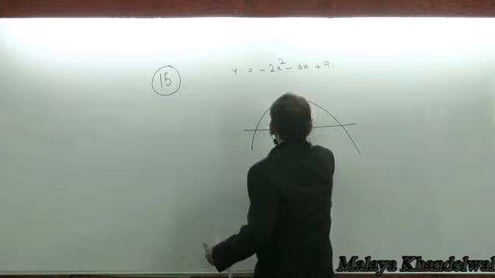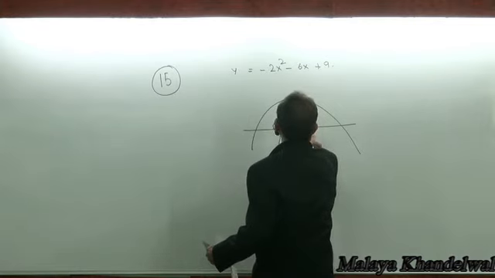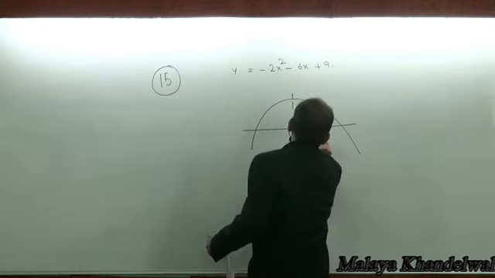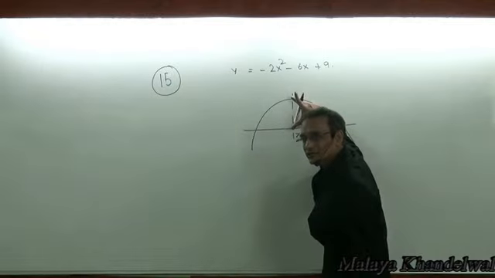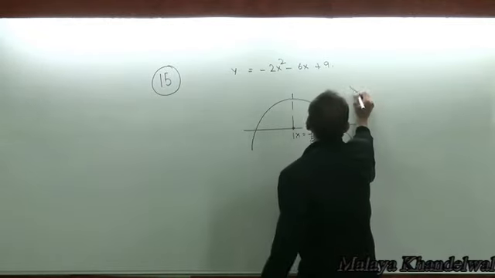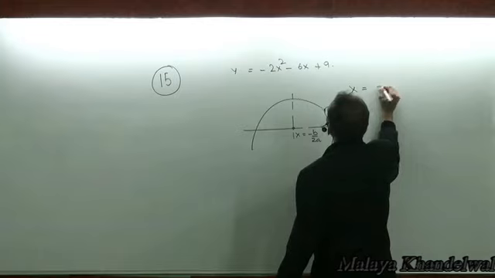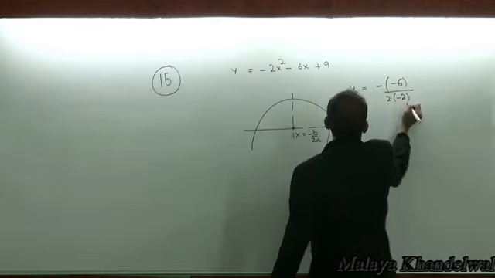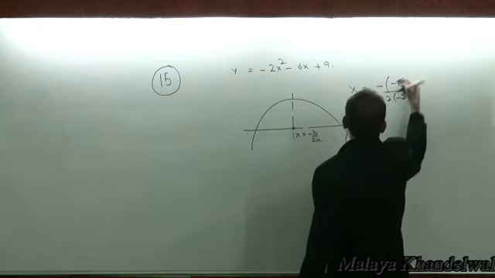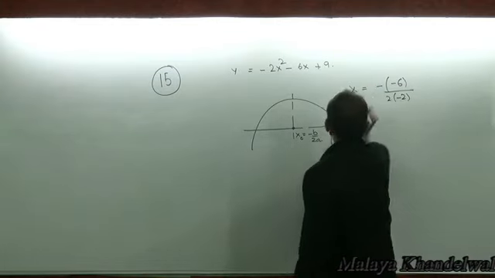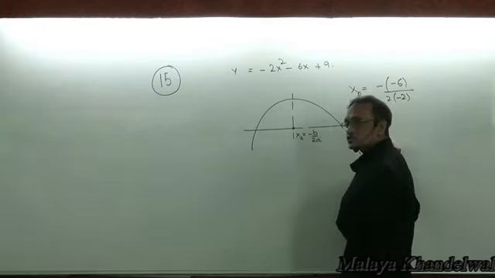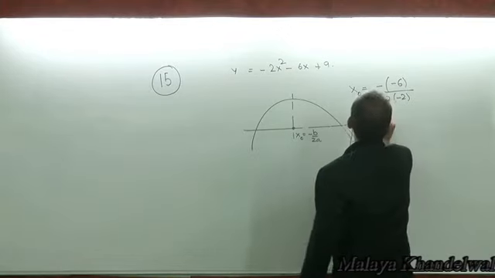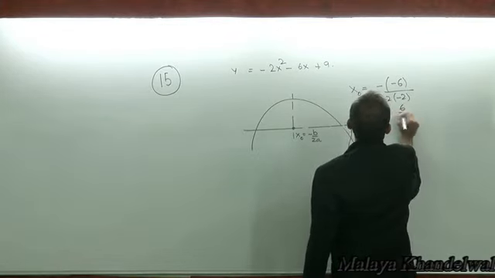Therefore, if it's a downward opening parabola, then at x equal to minus b by 2a, it will assume a maximum value. That means minus of minus 6 divided by 2a. So that makes it 6 by 4.